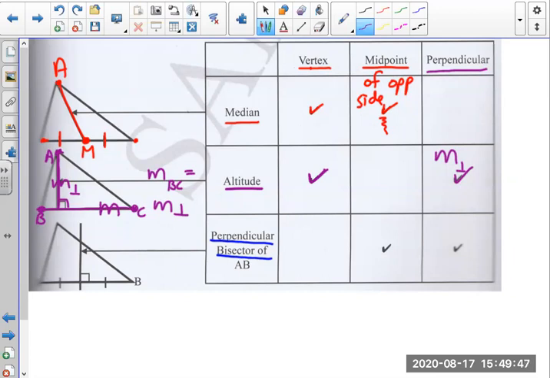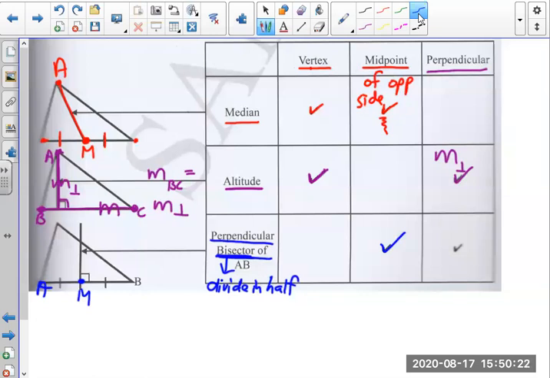And then the last one is perpendicular bisector. Now just think what the word means. Bisector means you divide a line in half. Bisect means divide in half. So if you want a perpendicular bisector of AB, you need the midpoint of AB, the midpoint of the line whose perpendicular bisector you want.